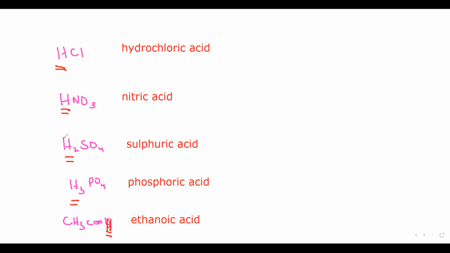So if hydrogen is there at the start or hydrogen is there at the end, you can identify that as an acid. So a simple technique: if the chemical symbol of the compound starts with H or ends with H, we call that an acid. Is it clear?